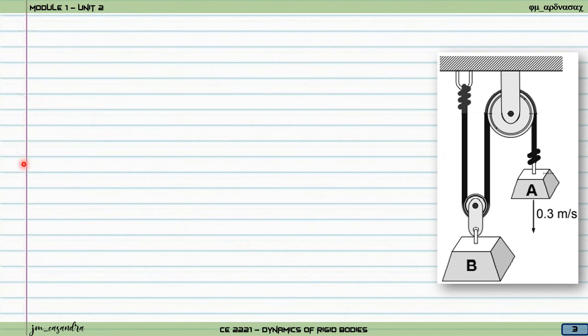For our second question, what is the magnitude of the speed of weight B? In solving for it, we could also confirm our answer to the first question, if weight B will really move up when weight A is moving downwards.